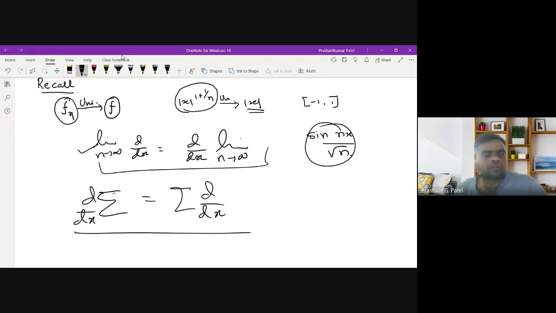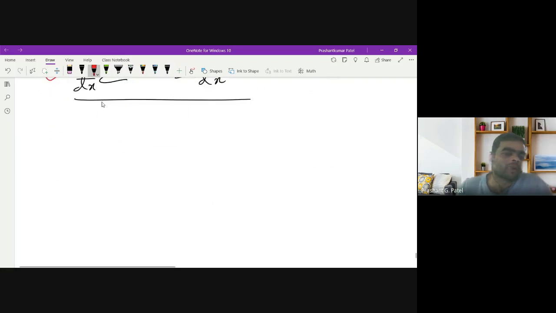The answer to this question we will get in the next theorem, and later on we will discuss this statement. So first we will concentrate on the statement that each fn is differentiable, and its limit function is also differentiable under certain situations. So let us write that as a theorem.